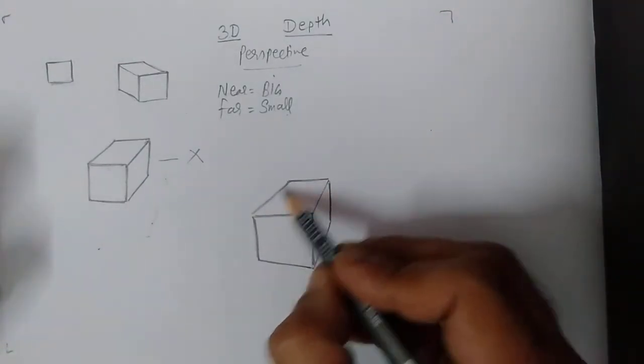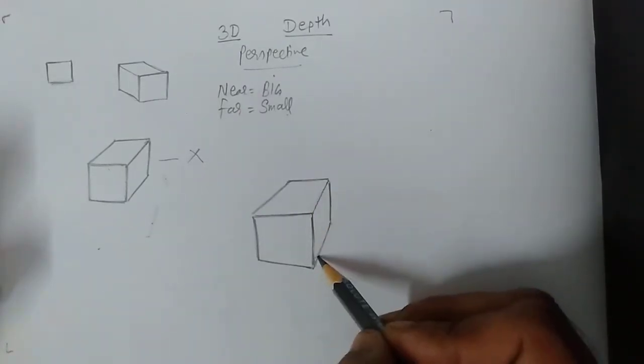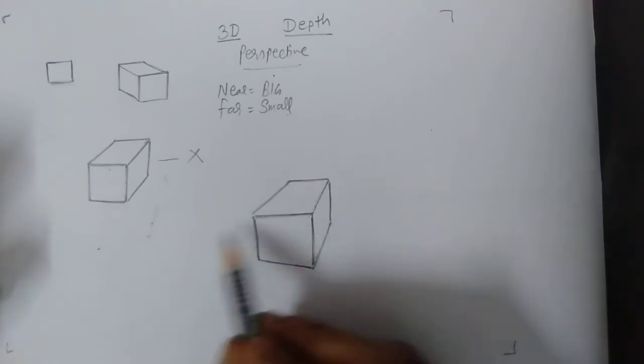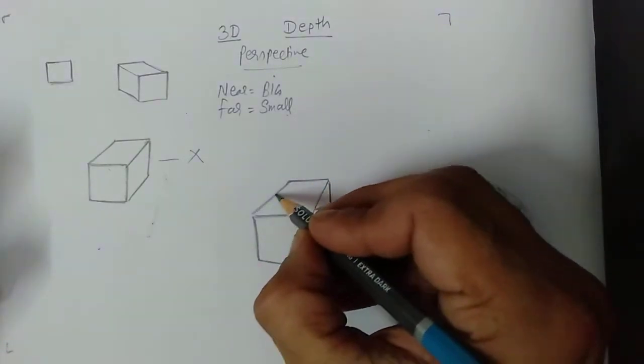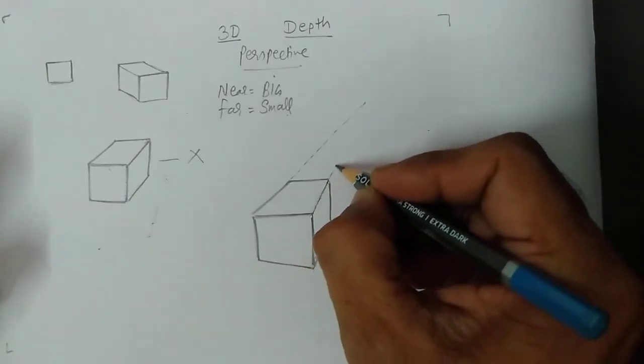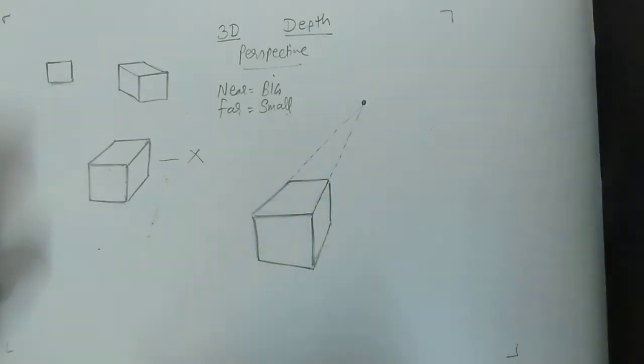Alright, so these two lines are not parallel, they are converging. These two lines are not parallel, they are converging. And these two lines are not parallel, they are converging. So if we extend this line, and if we extend this line, after some time they are going to meet at one point.